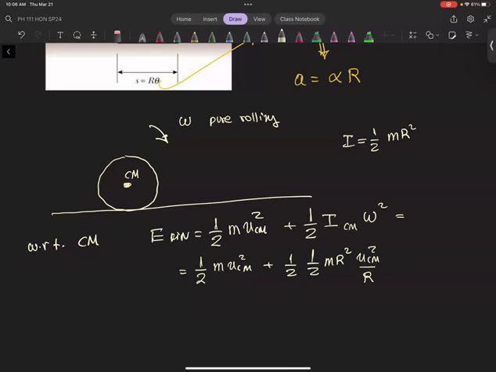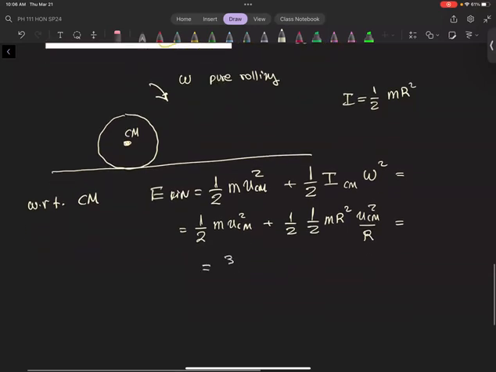We good, guys? If you put it all together, what you're going to find is that this is equal to 3/4 mass times linear speed squared. That is your total kinetic energy with respect to the center of the disk.